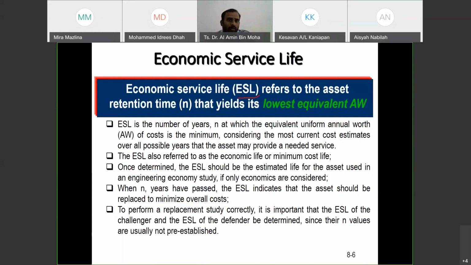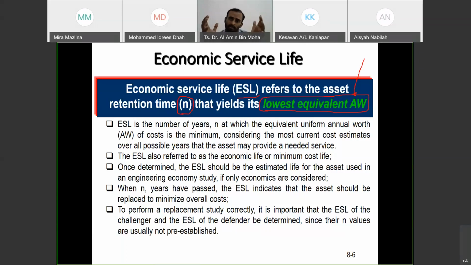So ESL refers to the asset retention time. It's basically the N, as I told you, the N that yields the lowest equivalent AW. We are going to see an example later to give you a clearer understanding of the lowest equivalent AW.